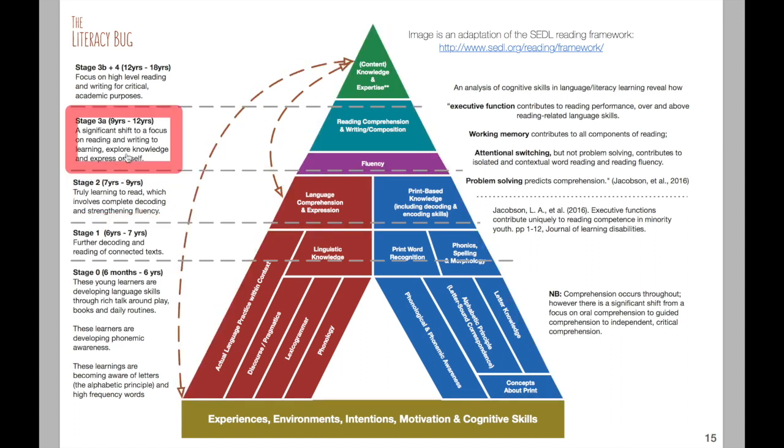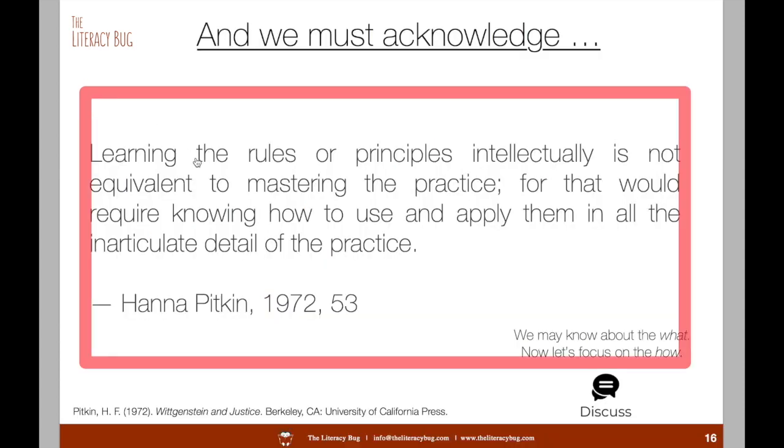And with that basis of learning to read, it's that switch to reading to learn, because I'm now becoming fluent and my focus is on comprehension, etc. And it's that sort of framework that we'll be talking about the needs of a particular learner within those stages of development. Okay, but as we said before, learning those rules and principles, we've touched on it before.